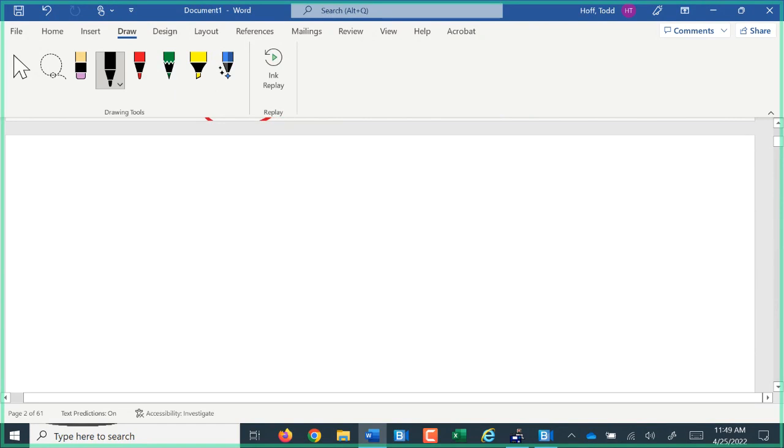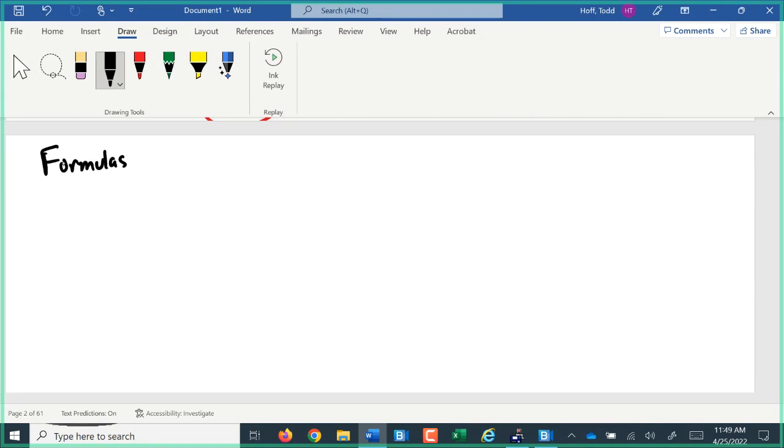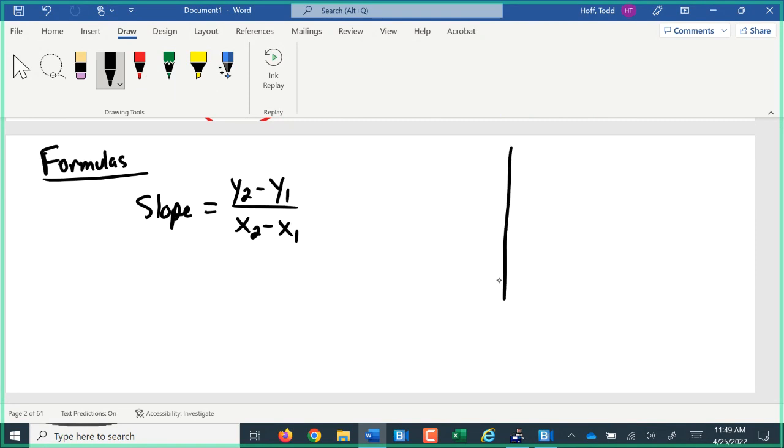A lot of other little things that we can do with our points on our graph and formulas. The big formula we've already seen is the slope formula, which is the y2 minus y1, over x2 minus x1. And we saw that on the graph.